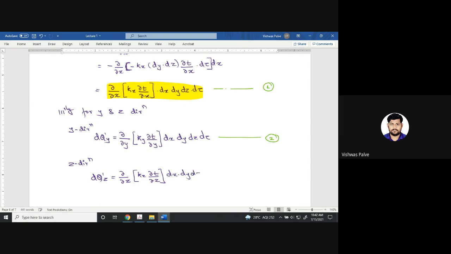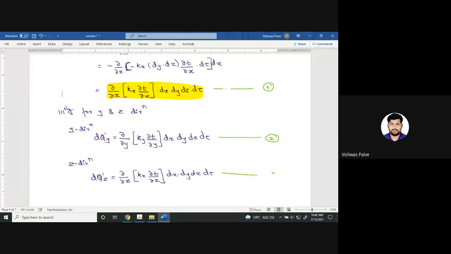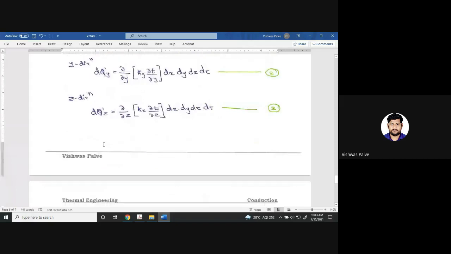Yes. Thank you. So we got the 3 equations, that is in x direction, y direction and z direction. Only in examination you have to derive for x direction, y and z direction you can directly write down the equation. Expression is required.